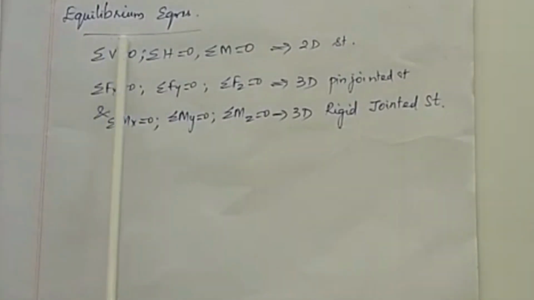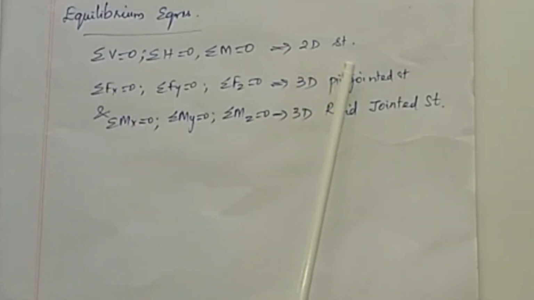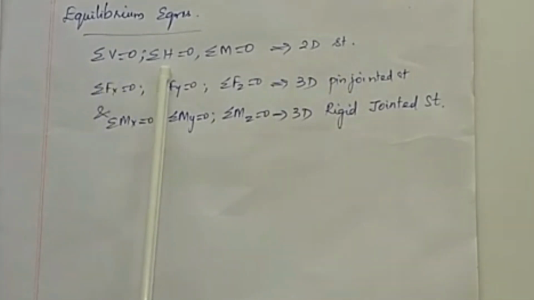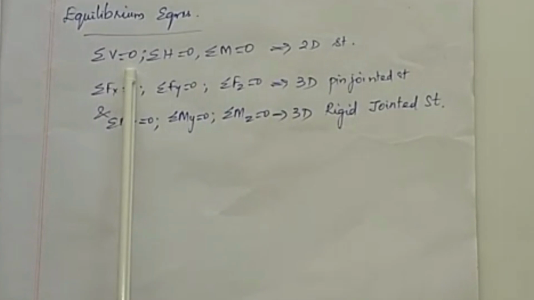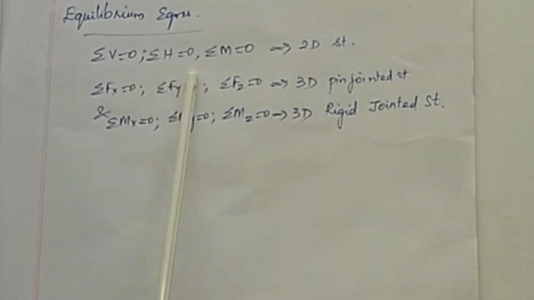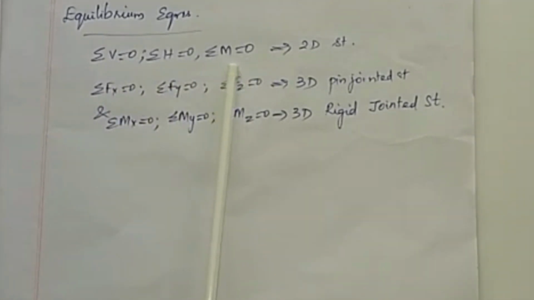These are the equilibrium equations that can be used to find the unknowns at the support or the redundant forces at the support. So for a two-dimensional structure, we have these three equilibrium equations: summation of all the vertical forces, summation of all the horizontal forces, summation of all the moments is equated to 0.